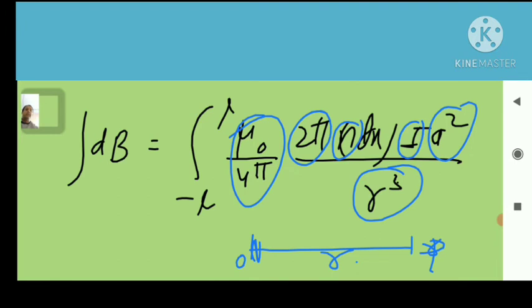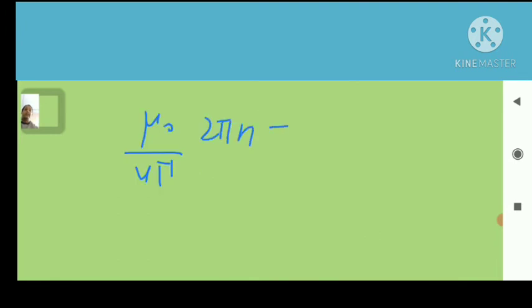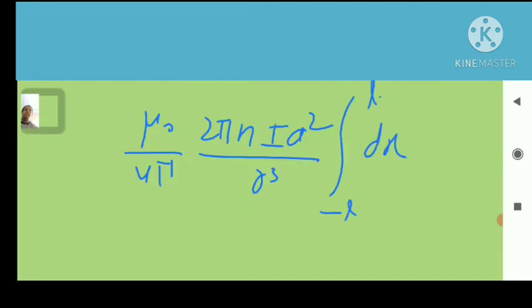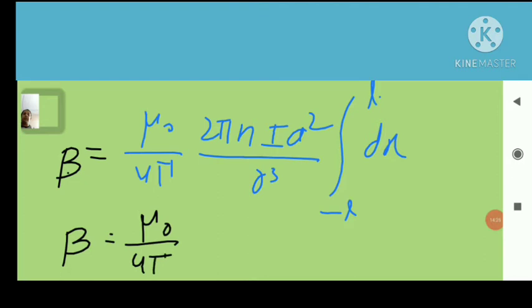Now all comes from this integration. So mu naught by 4 pi comes outside, and 2 pi n I a square upon r cube come outside, only dx inside, with the limit minus L to L. So now we integrate it, then we will get our value, and this is the magnetic field B. So it is equal to mu naught by 4 pi.